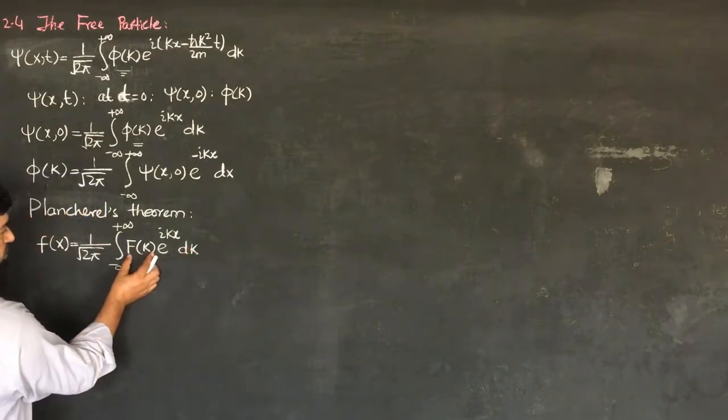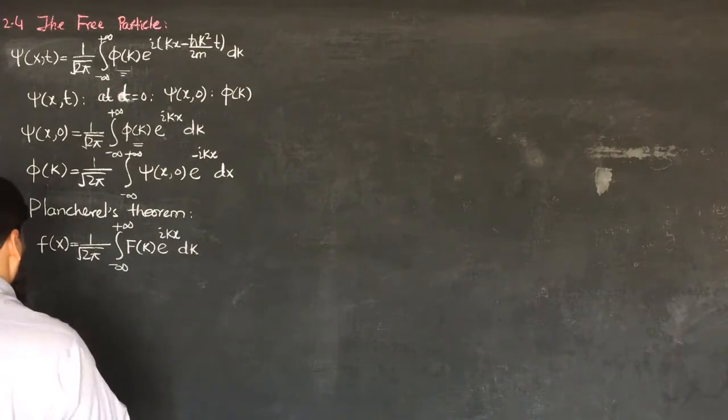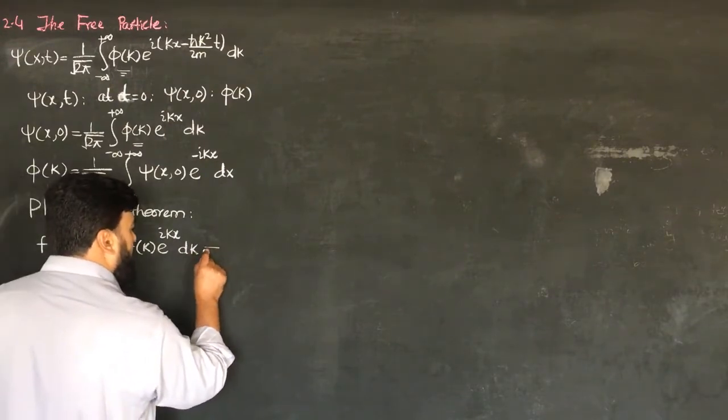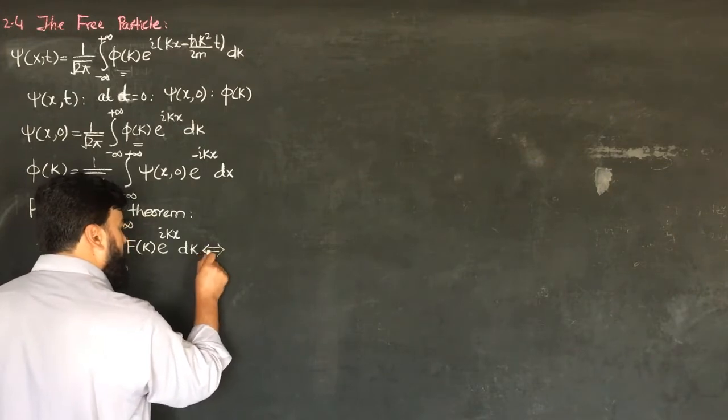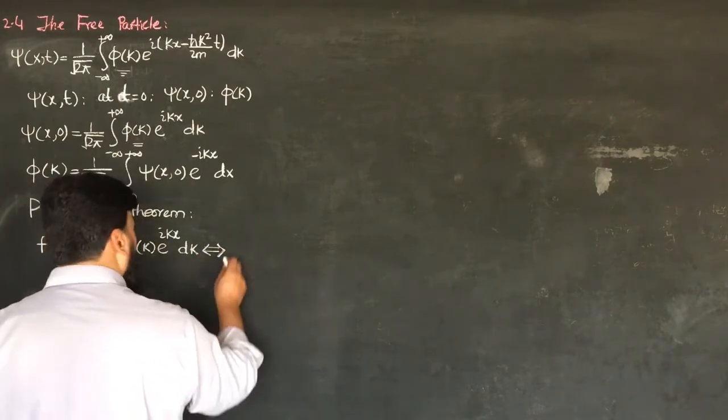as this is F(k), we are having dk, and this thing is interconvertible, meaning from one into another we can go back.